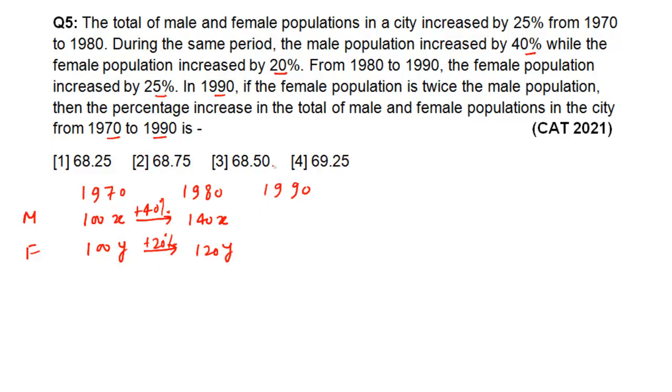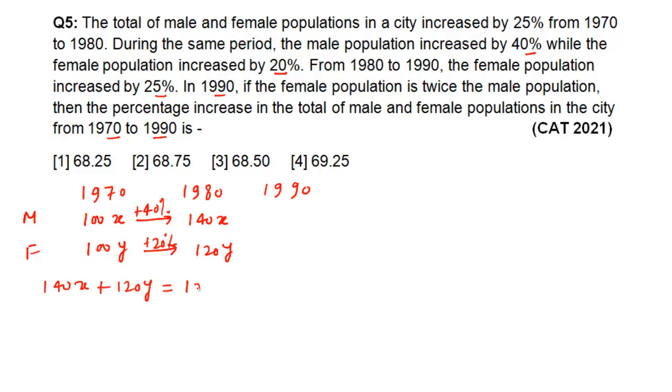Okay, but overall the increase is 25% if we talk about both male and female population. So that means we can write 140x in 1980 plus 120y is 25% more than 100x plus 100y.